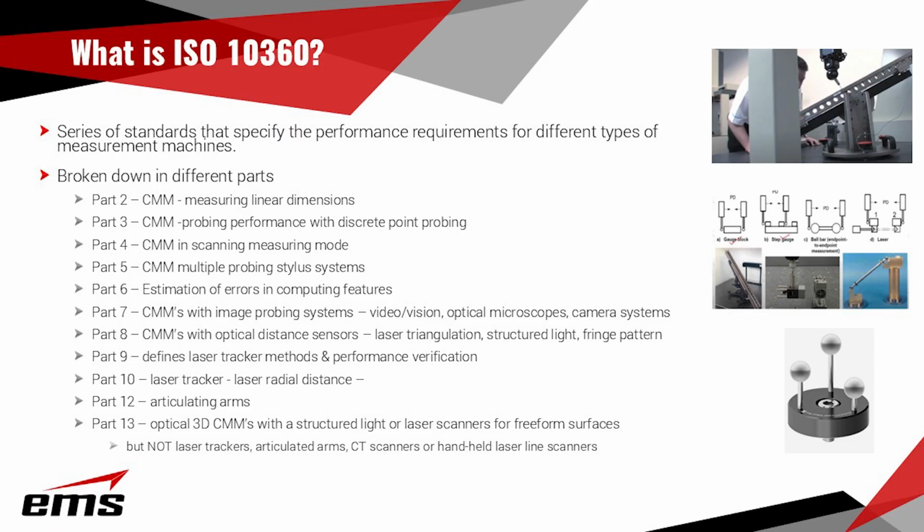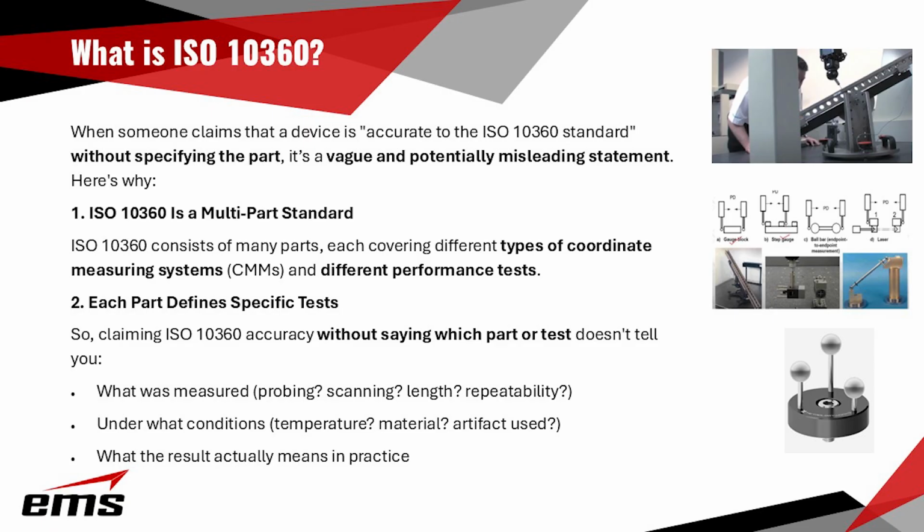So one of the gotchas here is people will say, it's accurate, and they put some accuracy statement, and they will say to ISO 10360. Well, that doesn't really mean anything, okay? Because you have to refer to what part, okay? So for example, part 1 is just definitions. Part 2 is a CMM. A CMM is a coordinate measuring machine measuring linear dimensions. And then there's probing performance to discrete points.